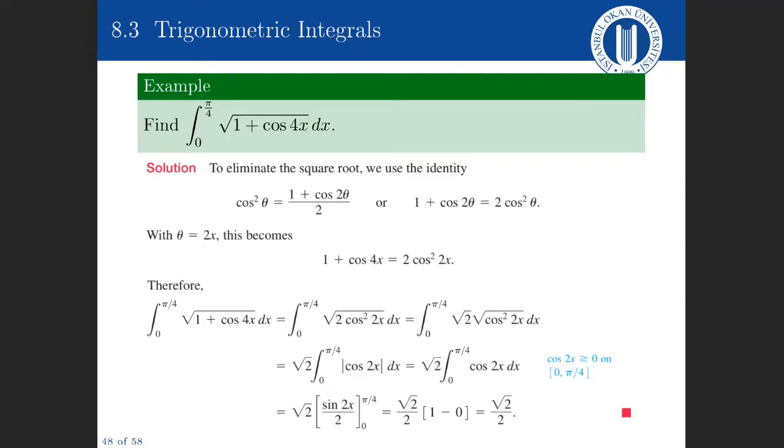To get rid of the square root, we're going to use the formula for cos squared, which if we rearrange it, it says 1 plus cos 4x is the same as 2 multiplied by cos squared 2x. So when we put this in, our integrand becomes square root of 2, square root of cos squared 2x.